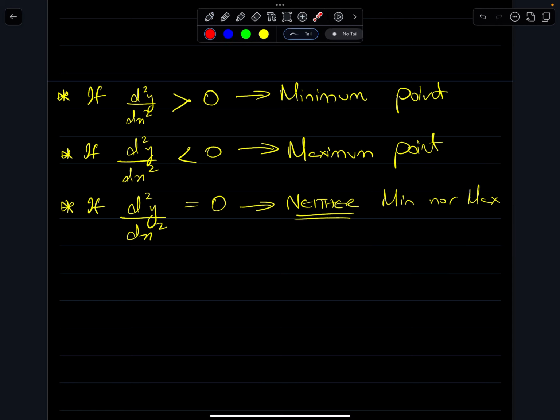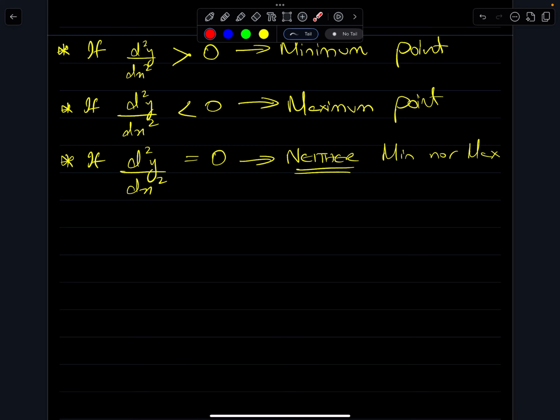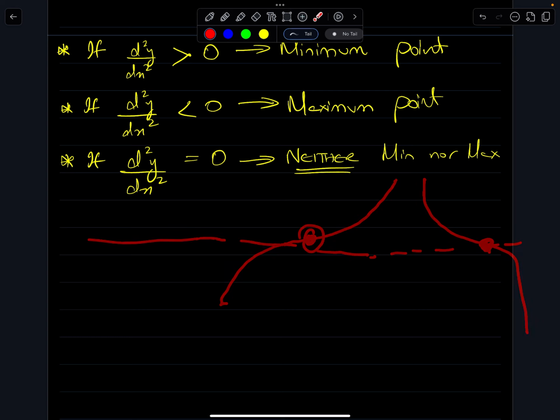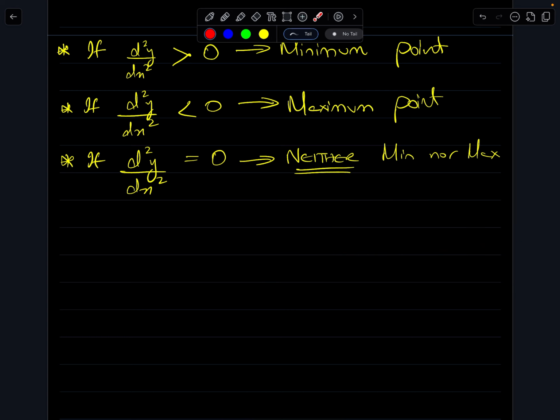That is, to give you a visual representation, it's going to look something like this or like this. The gradient just becomes 0 for a small time. You need to understand that this is not a turning point.